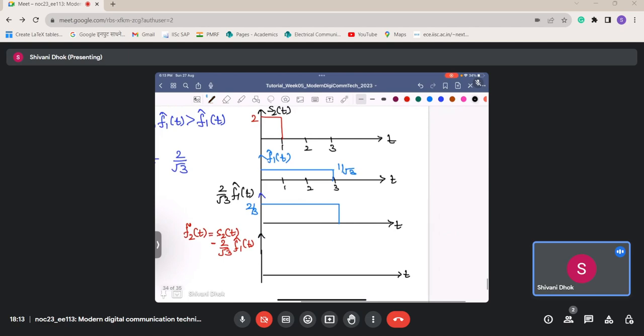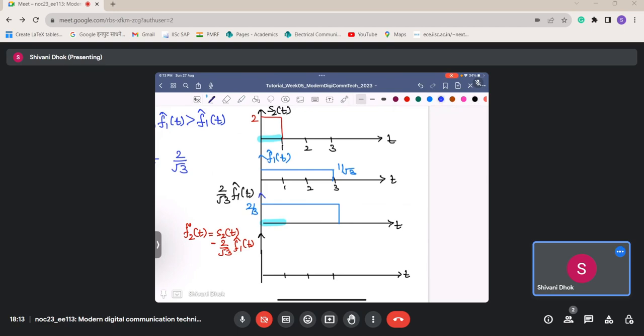Okay, so we need to do element by element subtraction. So for this region, it will be 2 minus 2 by 3, and 2 minus 2 by 3 is simply 4 by 3.